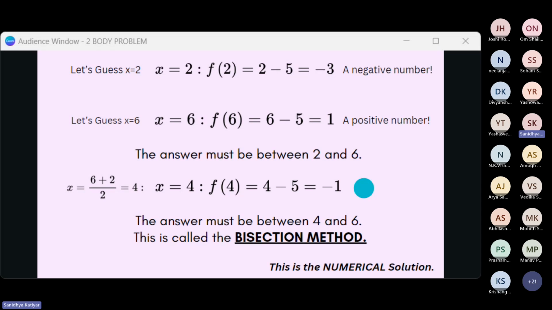So v new will be equal to v naught plus acceleration times delta t. It's an important point to note that acceleration equals dv upon dt at v equals v naught. Sorry, I might have mistakenly written it, but it is acceleration equals the derivative of velocity with respect to time at v equals v naught.